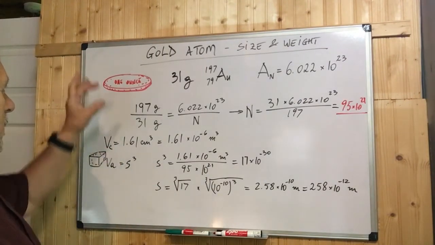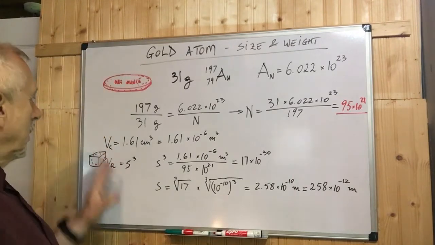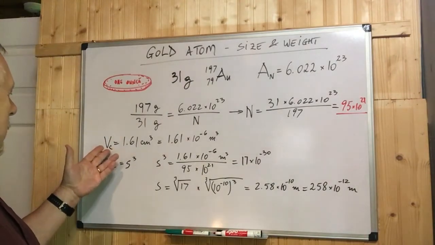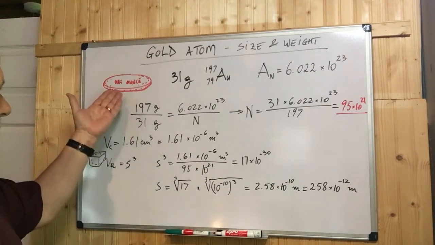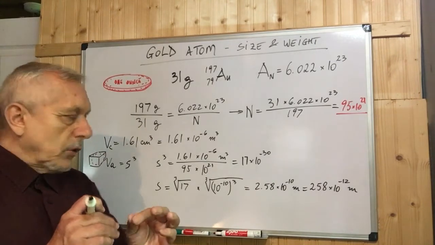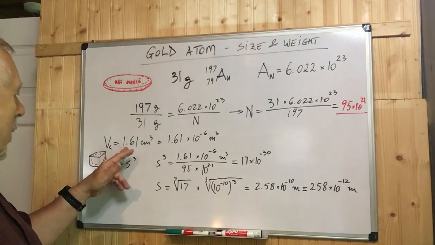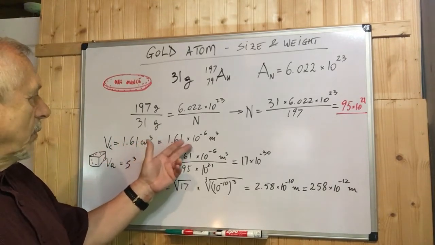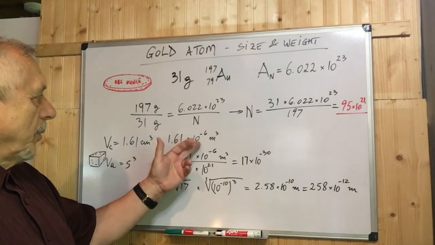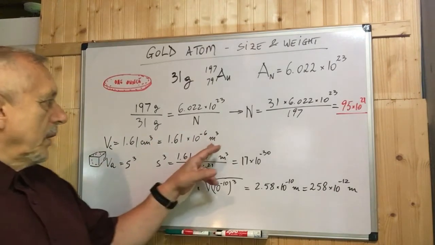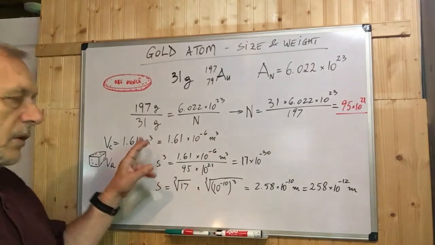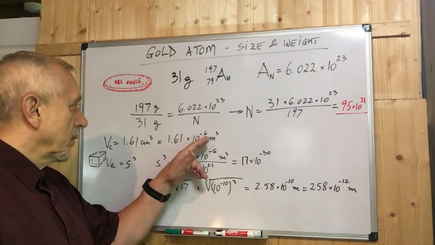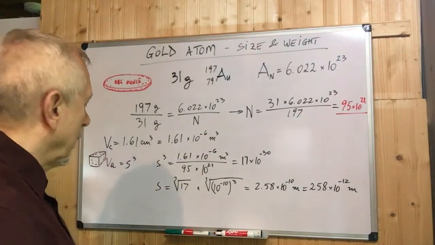So first of all, if we melt the coin, I got this information from some jewelers. If we melt the coin and make it a little cube, the volume will be 1.61 cubic centimeters, which I converted into 1.61 times 10 to the power of minus 6 cubic meters, because 1 cubic meter has 1 million cubic centimeters, so that's why I have here minus 6, the 6 zeros over 1 million.